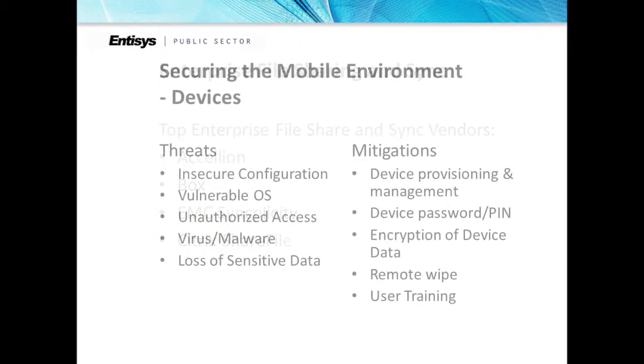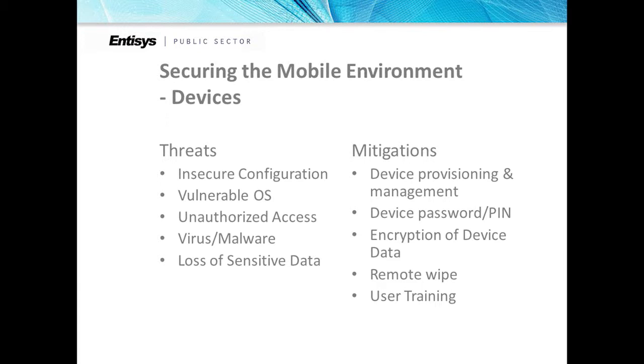So if we dive a little bit deeper into how we're going to secure our mobile environment, you can see that a lot of the solutions that we've gone over are going to pretty much accomplish most of these threats. Whether it's insecure configuration or a vulnerable OS, we have mobile device management to make sure that the device meets a certain minimum requirement in terms of the OS version.